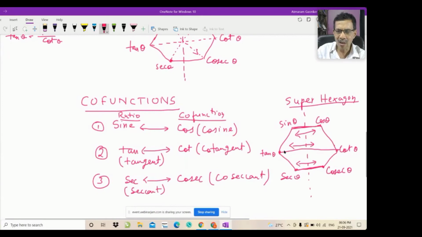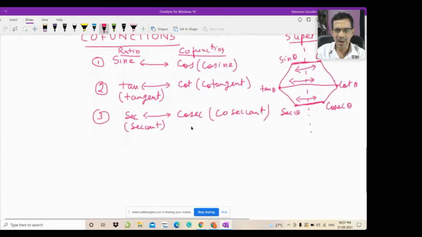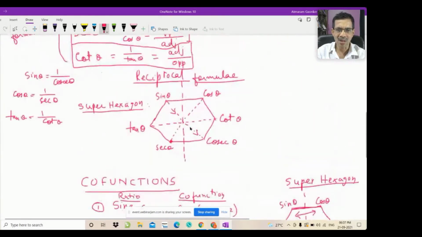There are three horizontal segments, and those segments represent the pair of cofunction. So cos is cofunction of sine, cot is cofunction of tan, and cosec is cofunction of sec. And this is how we have seen in the last class the technique to remember the cofunction.